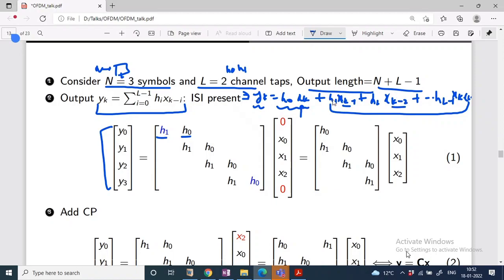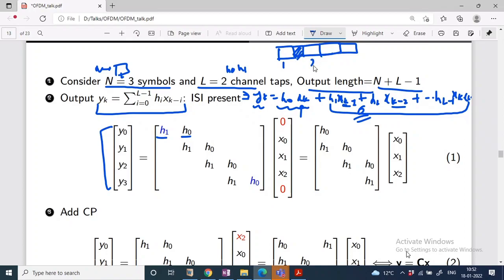So how do we avoid the ISI? We have to make these components 0, because previous symbols should not appear in the current symbol duration, or current time instant. So we have to make these contributions 0. To avoid this ISI, we put a guard band. You can think of it this way: this is your first frame, then you put some guard band.